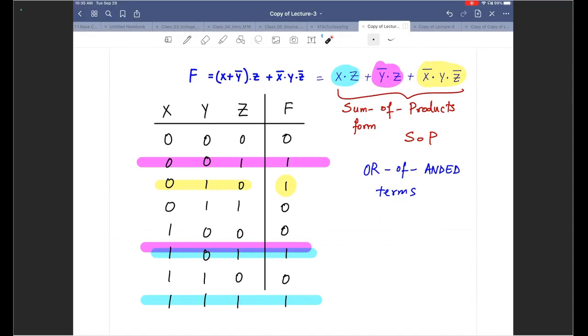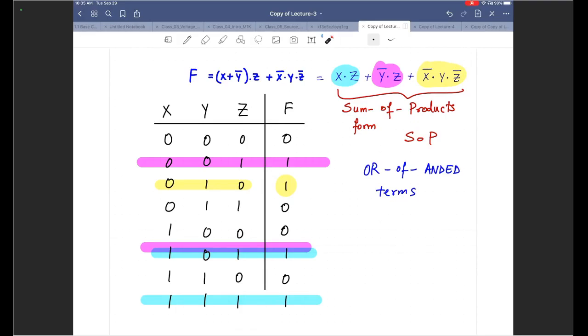This is where things are an OR of ANDed terms. Each term here is an ANDed term, and these are called product terms. At the end, they are summed up or ORed together. So that's an SOP form.